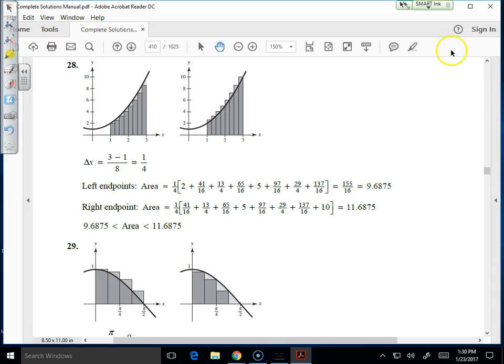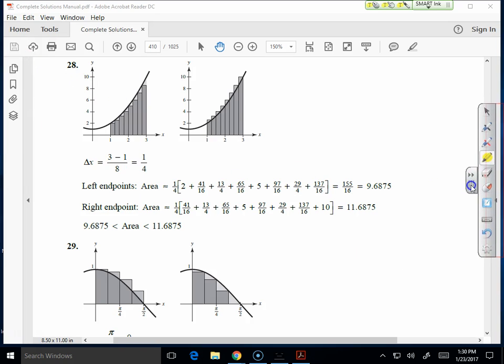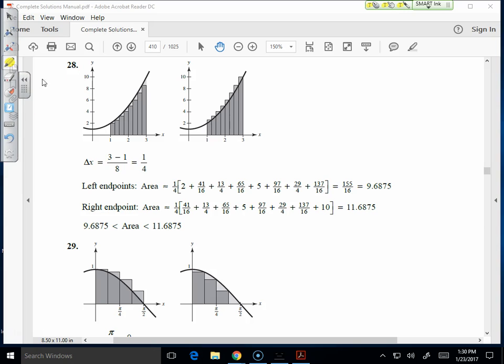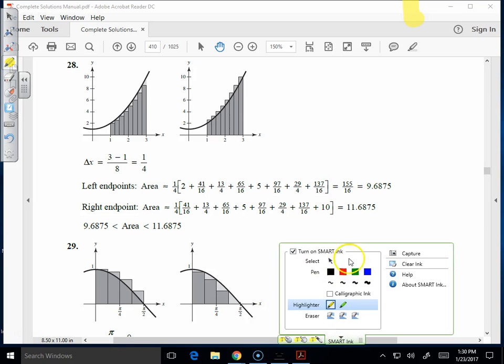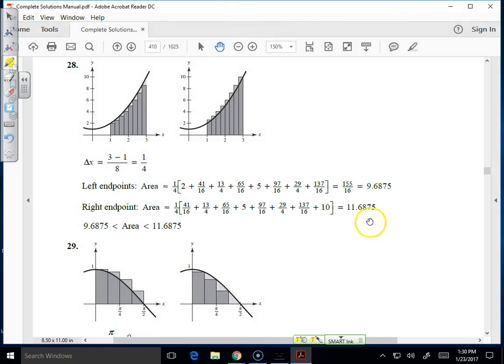Not that guy, the guy at the very top. Can you drag him anyway? I'm going to leave him at the bottom right there. Thanks, bud. I highlighted the tops. No, you're good. Clear ink. Thank you, Kyle. Woo!